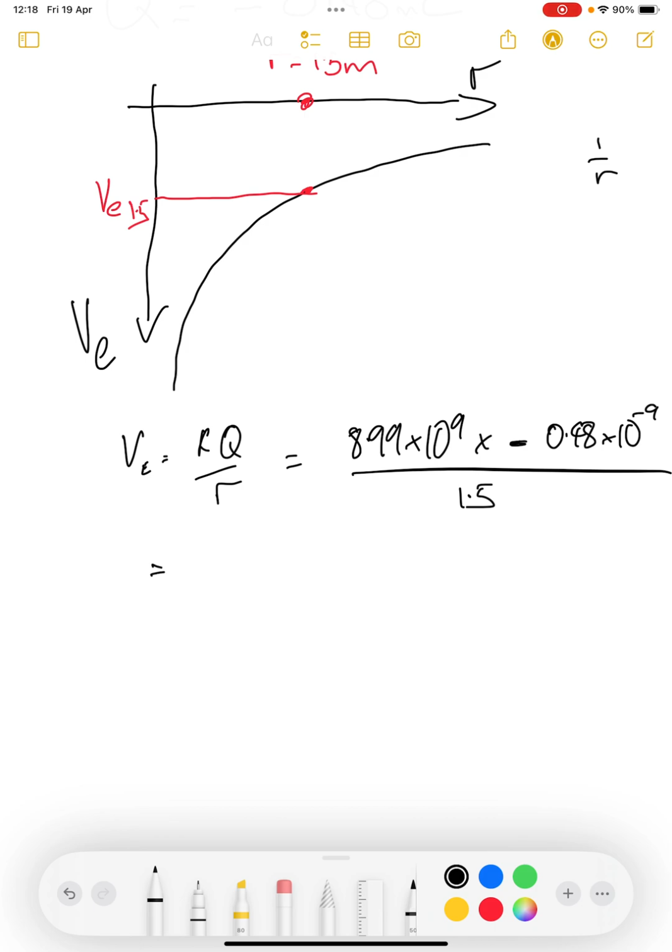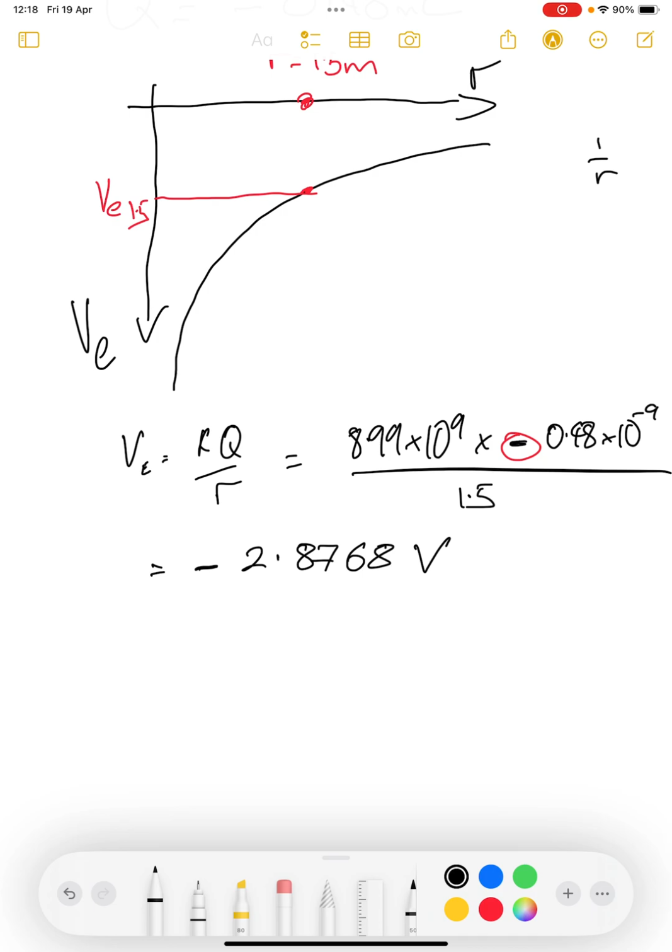And that gives me an answer, and again, this is important: minus 2.8768, and this is volts.